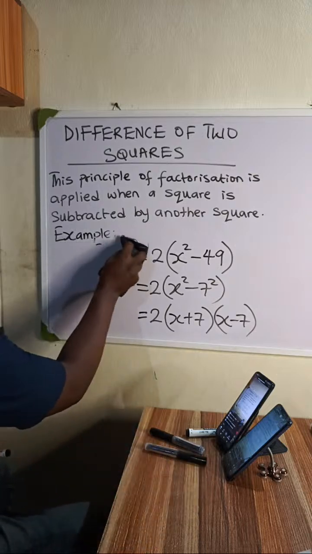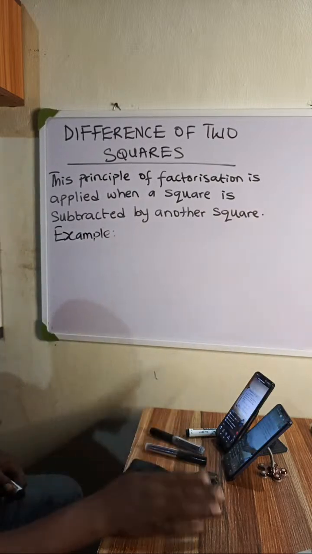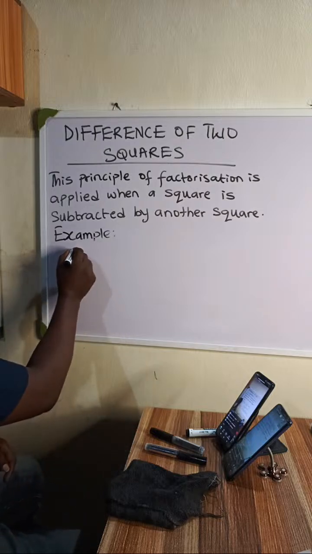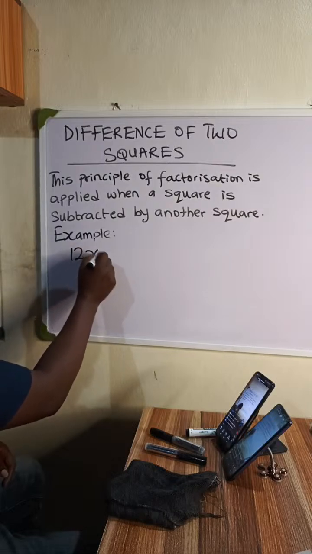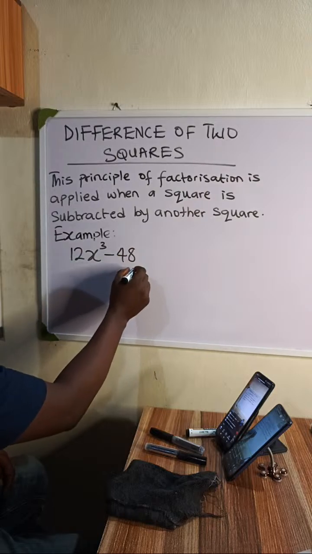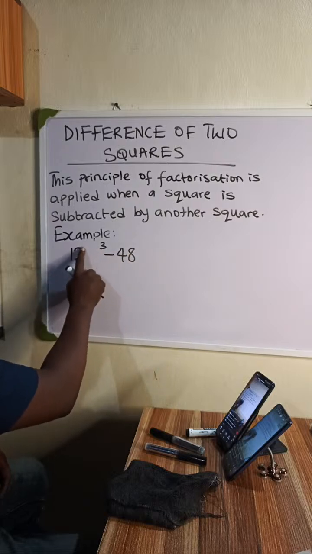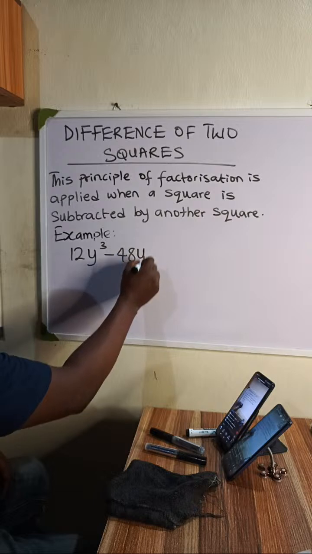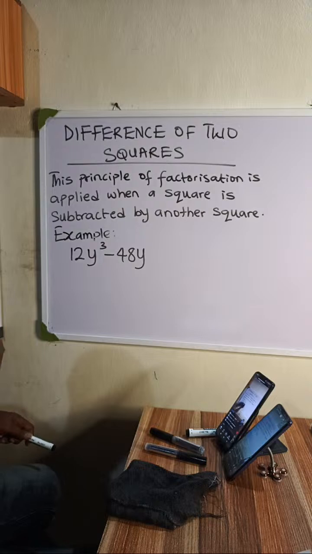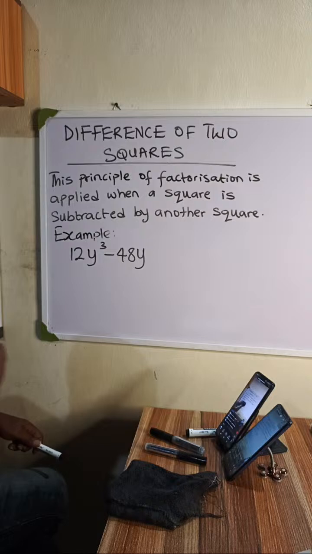Okay, so let's look at another example. 12y to the power of 3 minus 48y.